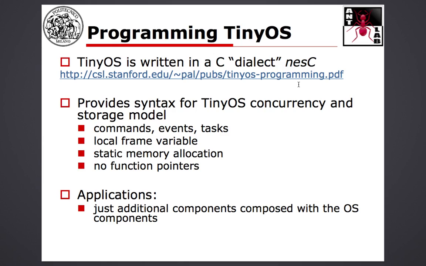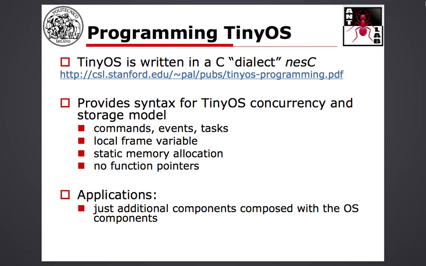If you want the correct definition, TinyOS is written in nesC, which is a dialect of C. So we have the proper C syntax plus some structures which are properly defined for TinyOS, but nothing very difficult to understand. So nesC and in general this environment of TinyOS provides everything you need to develop applications.